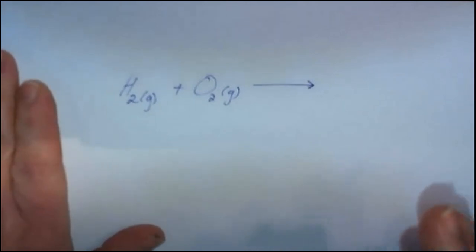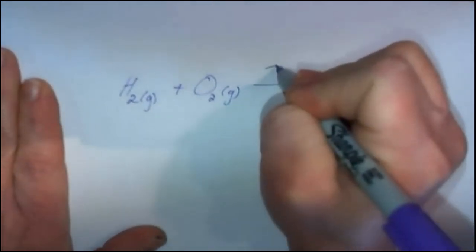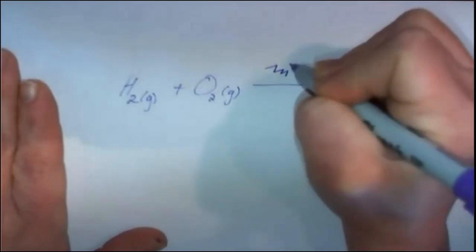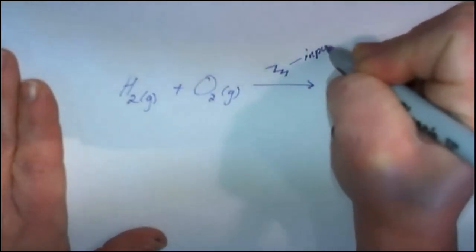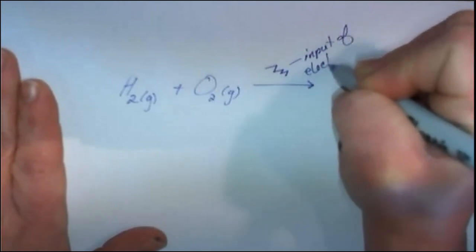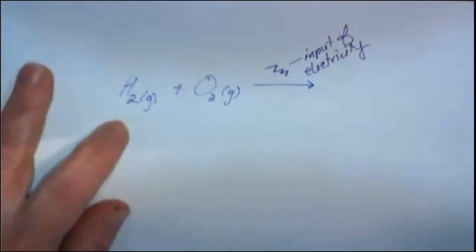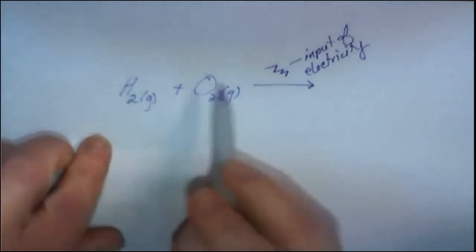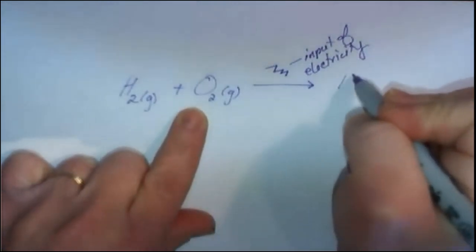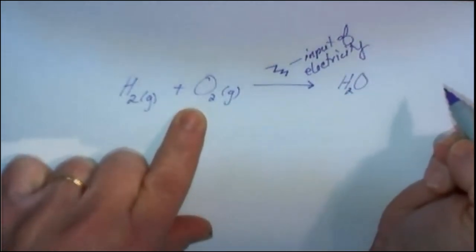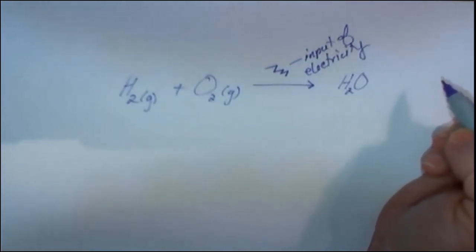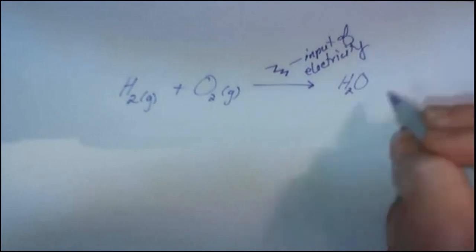Please use your imagination. That is supposed to be a lightning bolt. A lightning bolt above the reaction arrow means the input of electricity. We need a big input of energy to get hydrogen gas to react with oxygen gas to actually make water. Haley, do you want to make it in the liquid or gaseous state? It doesn't matter. Liquid. Sure.